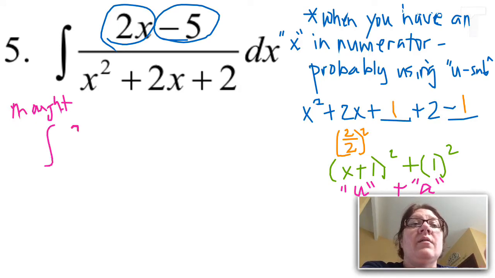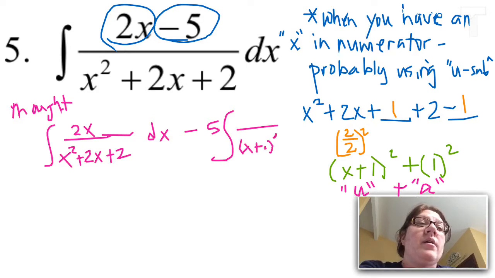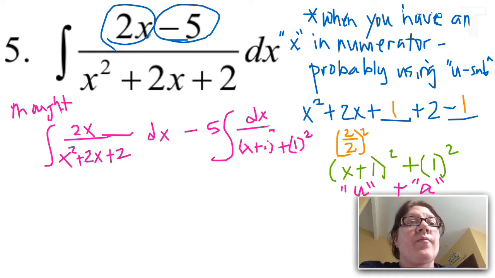I would split it, and I'd still have the x piece on top that I don't really want to have, even though over here I could create that denominator that I want on bottom, which would be x plus 1 quantity squared plus 1 squared. That is a positive 2. And that side all works out.